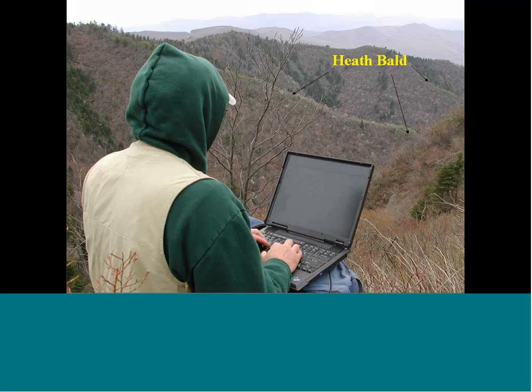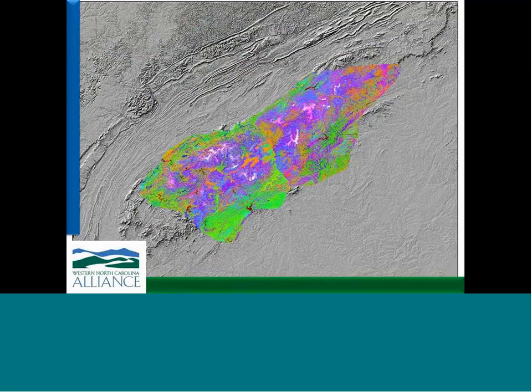Here's a slide showing a heath bald off in the distance on the spine of a ridge, and there's Steve Simon putting in data points for those heath balds. The result is this big multicolored map of all these different ecosystems, over 20 of them, across a large area, nearly 8 million acres, maybe 7 million, from northeast Georgia up to nearly the Virginia line and a lot of East Tennessee.